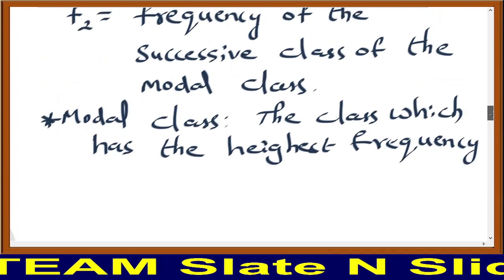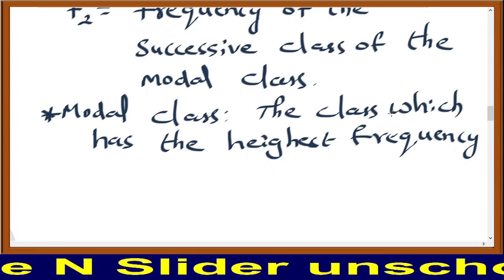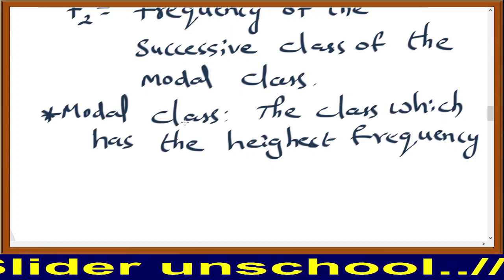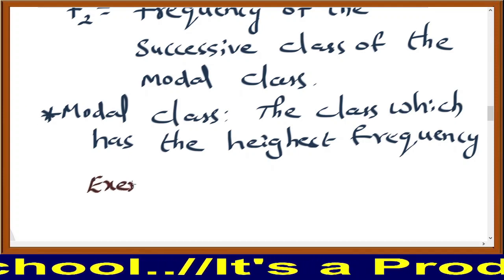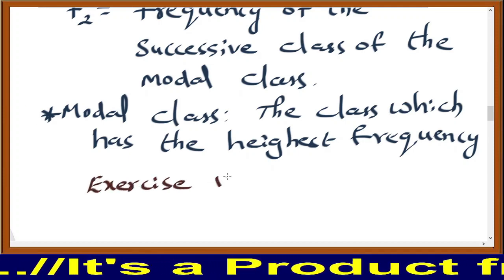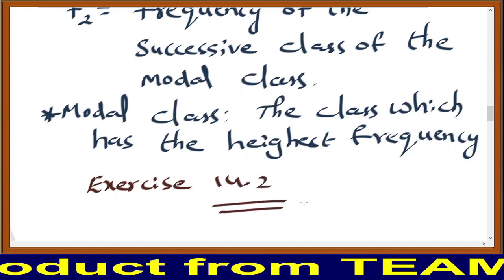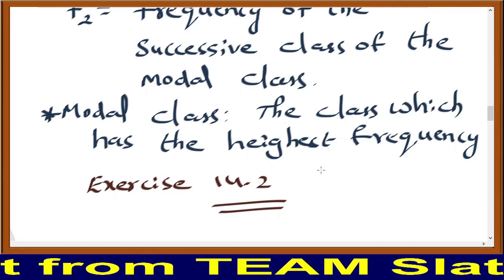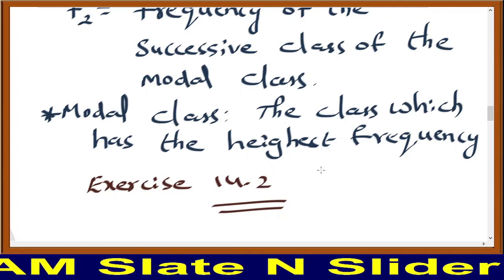Like this, you have to find out the mode of the grouped data. So you have to finish exercise 14.2. In the next class, we will discuss the median of the grouped data as well as the ungrouped data. Thank you.